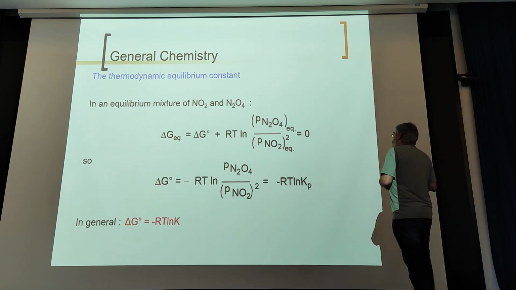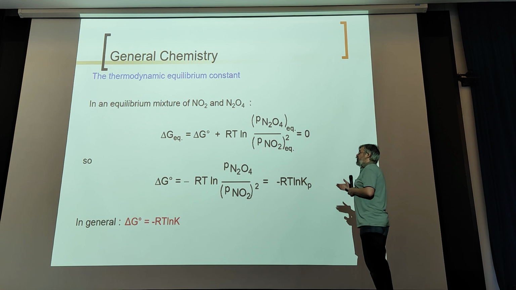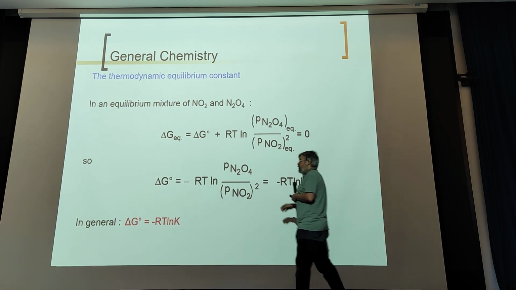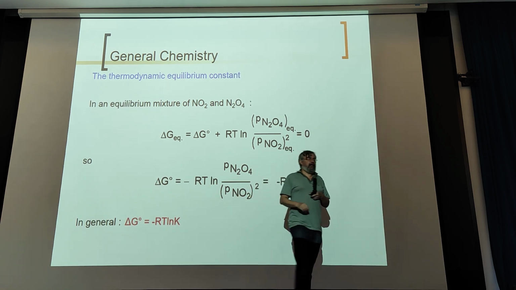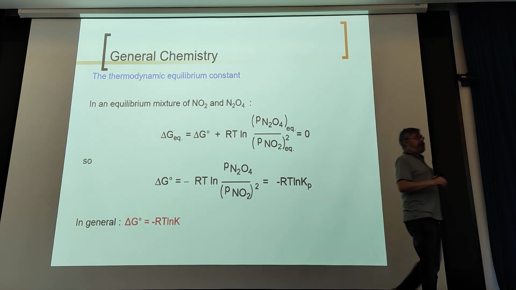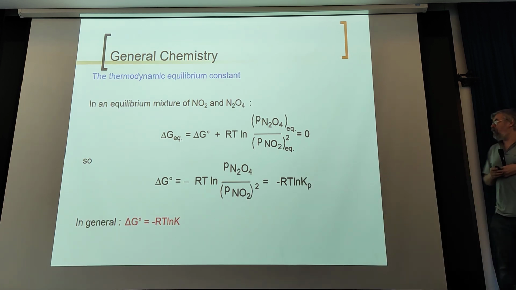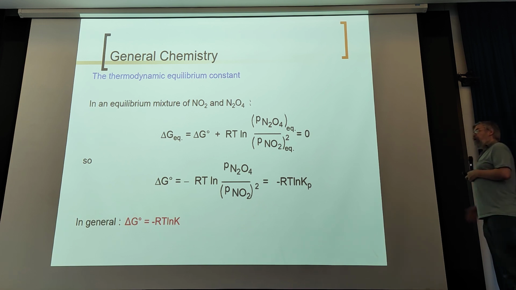So, in other words, it means delta G standard plus RT ln Q, ln K, is 0. Or, in other words, delta G standard is minus RT ln K. And for gases, it's ln Kp. For reactions in liquids, it's ln Kc.